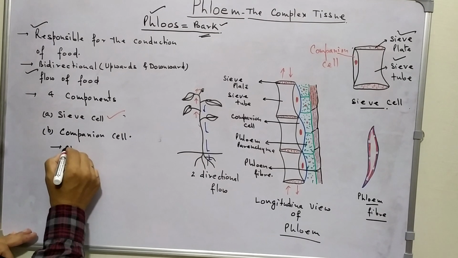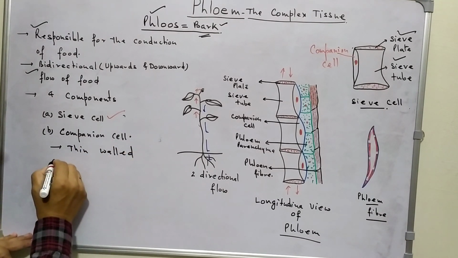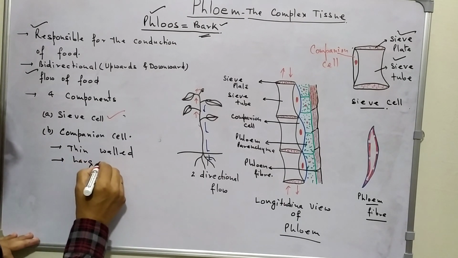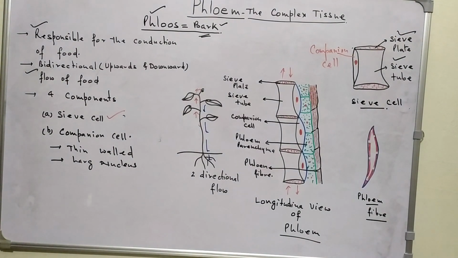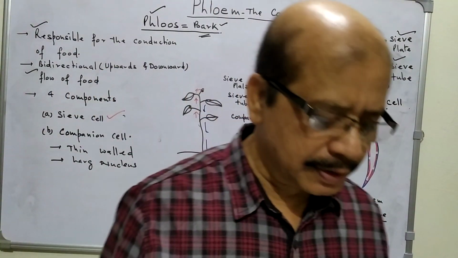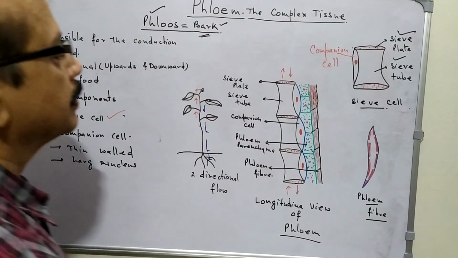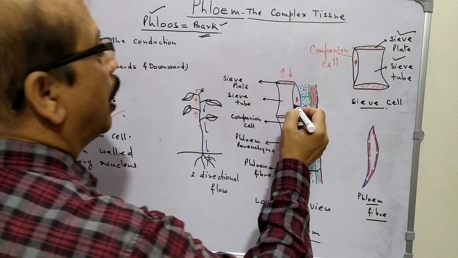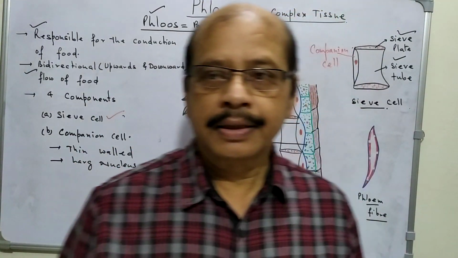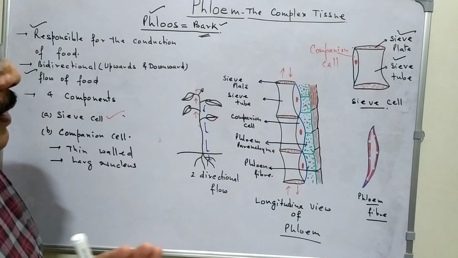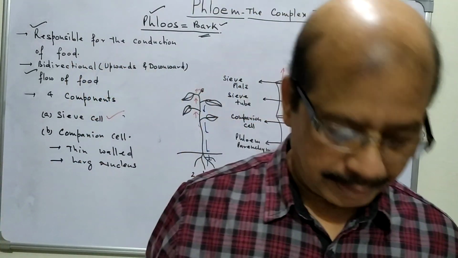These cells are also thin-walled, having a large nucleus and other cell content, that is cytoplasm, mitochondria, etc. They control all the activities of sieve cell. The main function of companion cell is to control the activities of sieve cell.